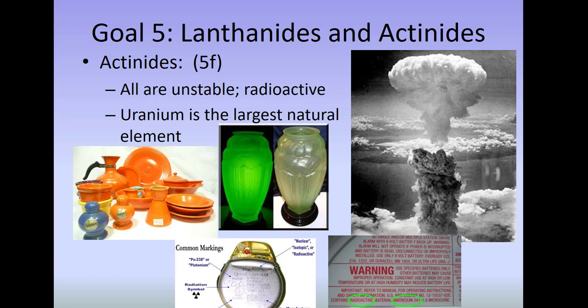They are radioactive. Uranium is the largest natural element, and this ceramic color right here actually comes from uranium. They added uranium to the paint that they used for these dishes. And they are very radioactive. In fact, collectors keep them in gun safes because it has a lead lining to try to absorb the radioactivity.